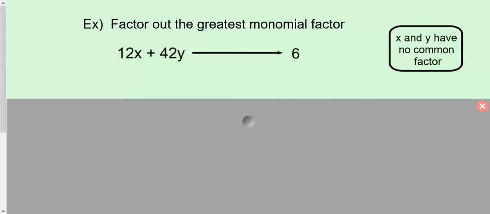We're going to be using that skill for things that look like this. If it says factor out the greatest monomial factor, it means factor out the largest number and the largest variable that divides out of both. So for 12 and 42 it's 6, and so you're going to divide out a 6, and you're left with 2x plus 7y.